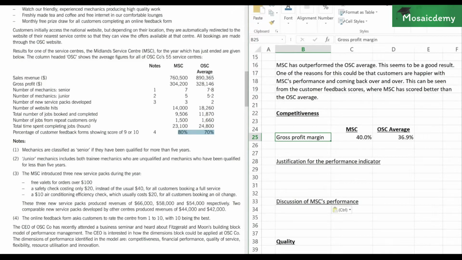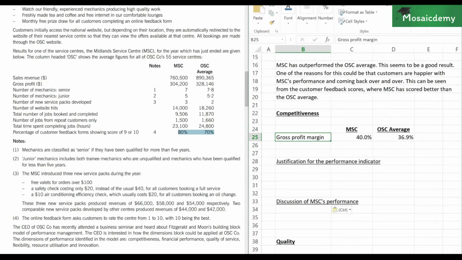So the first two were financial metrics. We have number of mechanics senior, number of mechanics junior, number of new service packs developed, number of website hits, and total number of jobs booked and completed. Okay, so this is a typical one that they use for competitiveness. The number of website hits, they'll give you something like that, or number of inquiries.